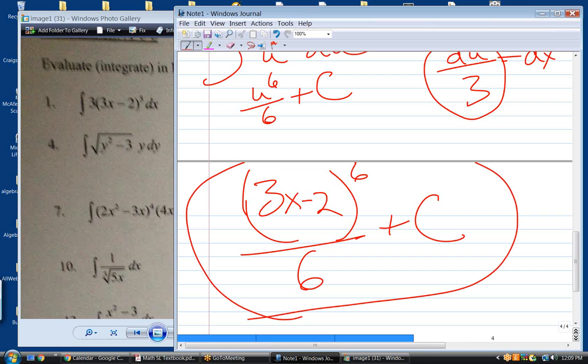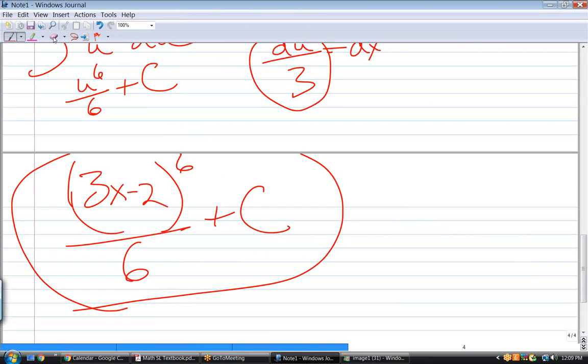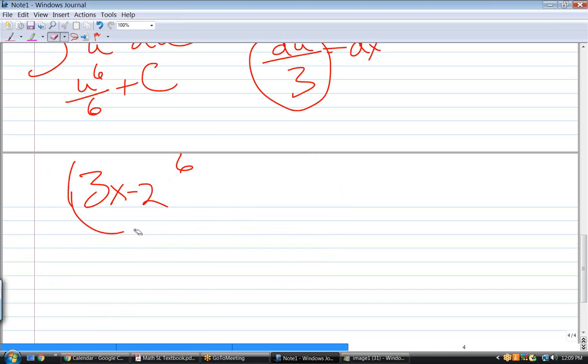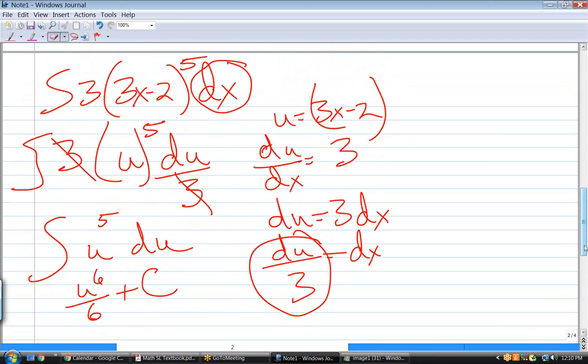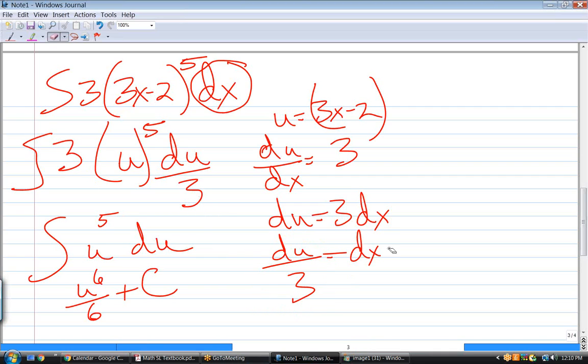Now, let's look at this problem. They may have neglected to take this last step, and it's the way most calculus is taught these days. Let's just go through this problem again, and instead of doing this last step, let's erase it. We know that du is equal to 3 dx.